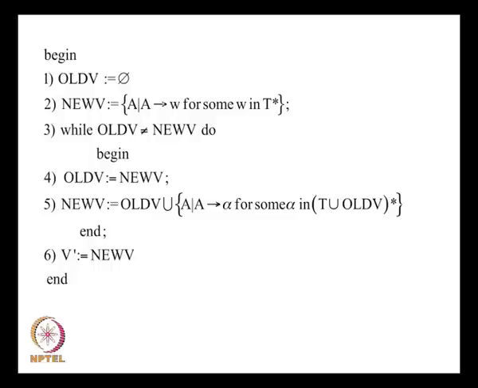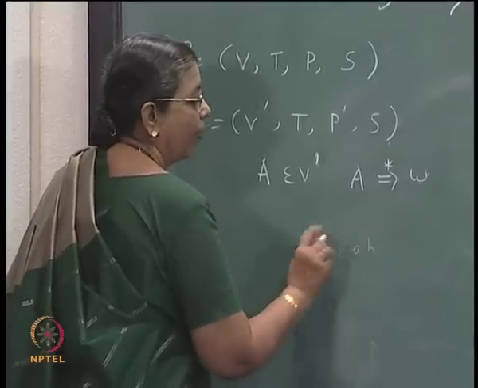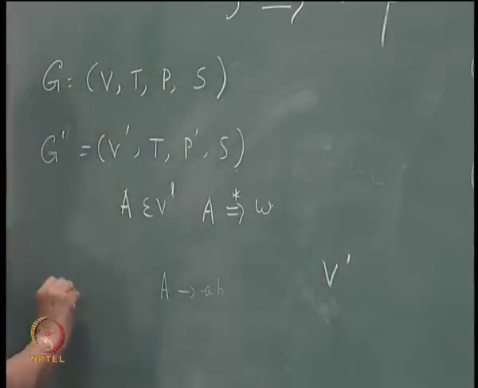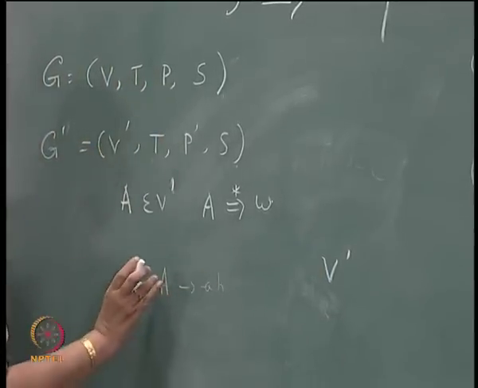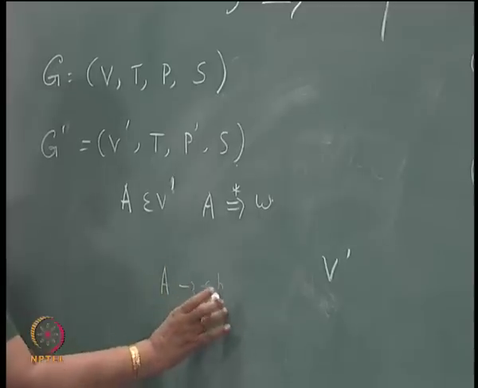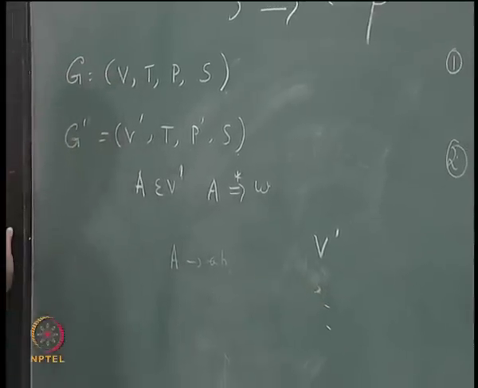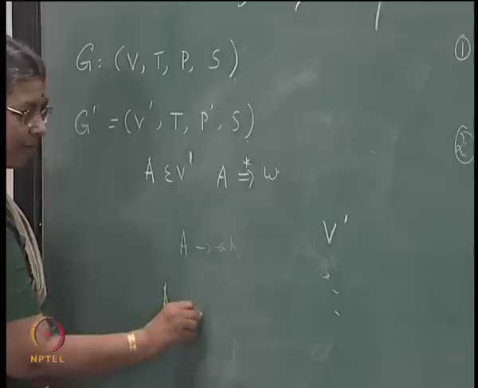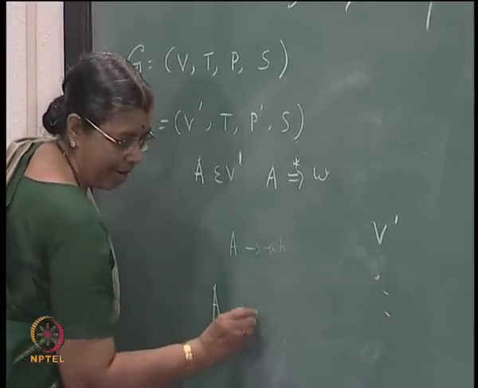So, initially you look at rules of the form A going to a terminal string. Try to form V' like this. Look at the productions in P and look at symbols where the right hand side is a terminal one, put those non-terminals here. Then look at those rules where the right hand side will consist of terminals and symbols already present there.